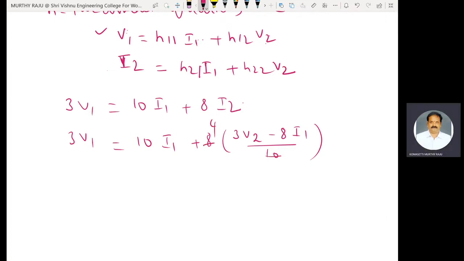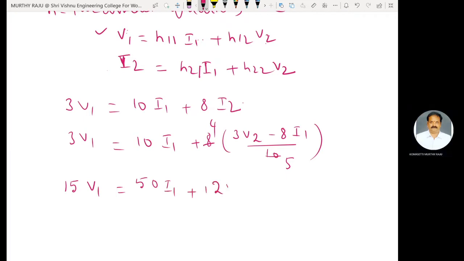Multiplying, 15 V1 is equal to 50 I1 plus 12 V2 minus 32 I1.